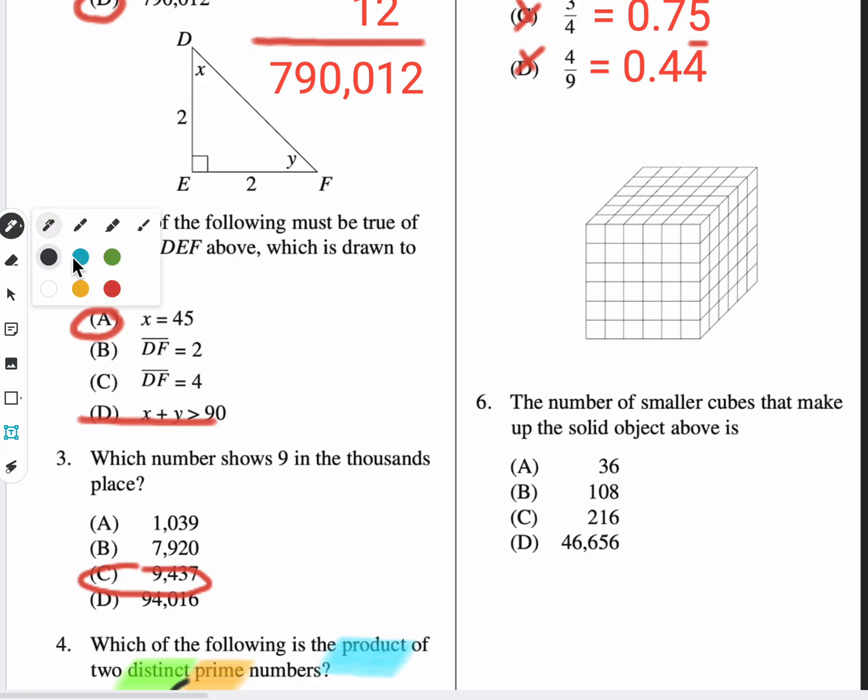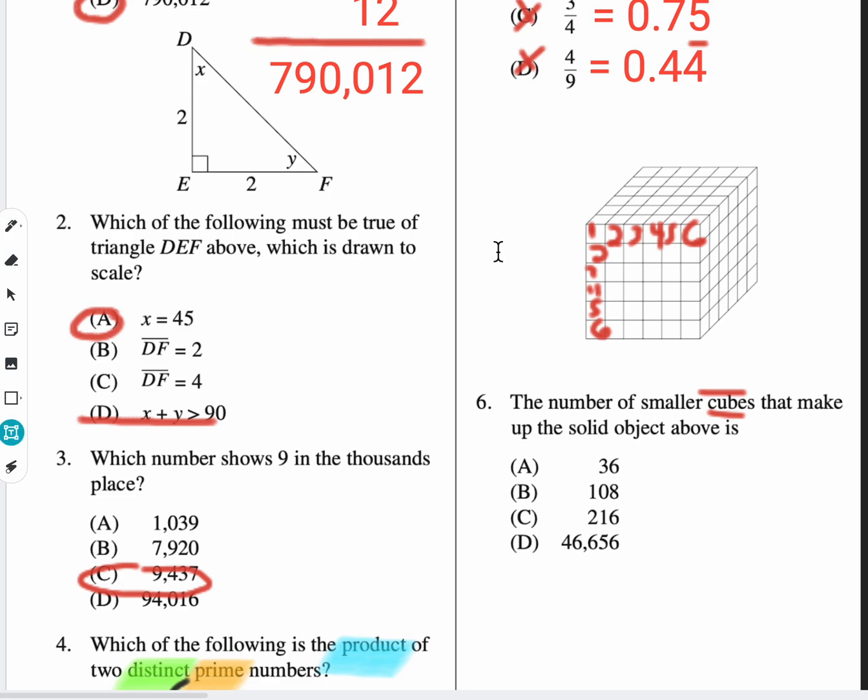Let's count. 1, 2, 3, 4, 5, 6. 1, 2, 3, 4, 5, 6. Notice it's a cube, so we're going to be having those equal faces, equal sides. We have a 6 by 6 here. 6 by 6, that will get us 36 smaller cubes on the face.